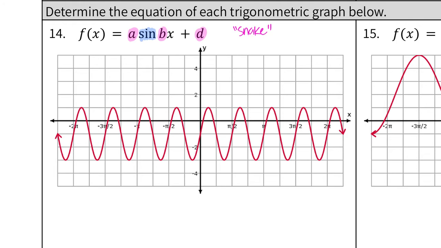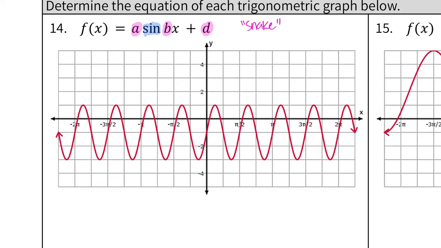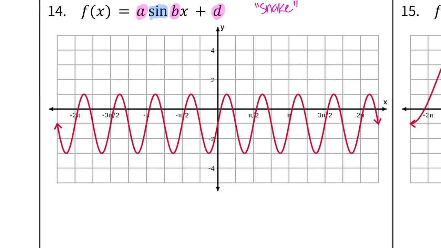Okay, so I think the easiest one to find is D. So D is the midline. Usually, if you're good at looking at graphs, you can eyeball this and just be like, this looks like the middle right here. But if it's not that easy for you, what I would do is look for the maximum. So maximum is at 1. Look for the minimum, that's at -3. So that makes 1, 2, 3, 4 squares.